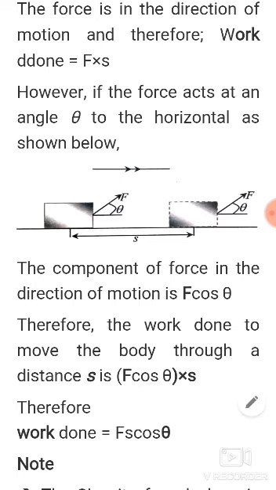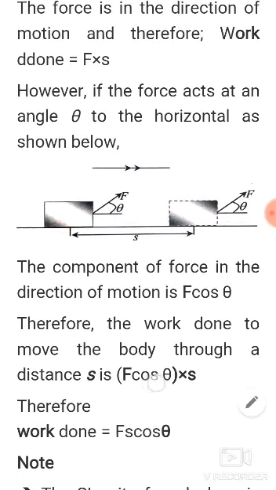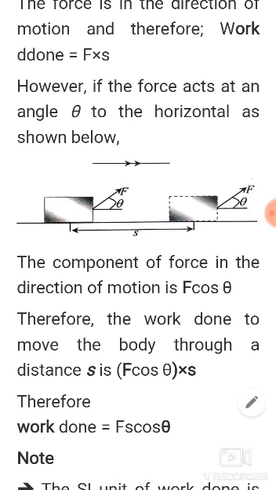But since this body has weight, the vertical component may not have a big effect, but the horizontal component is going to make this body move. So we shall just resolve this force F horizontally such that it becomes F cos theta. So F cos theta is the horizontal component of force F, which makes it move in a horizontal direction.